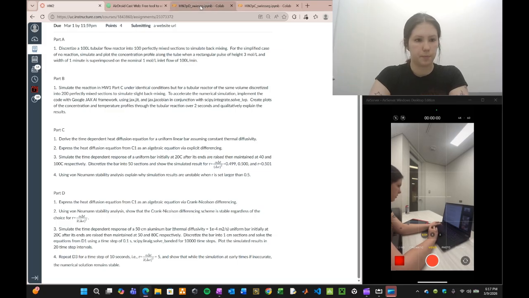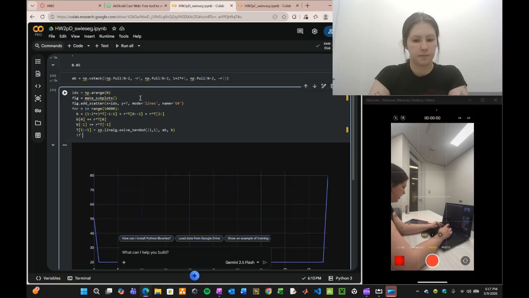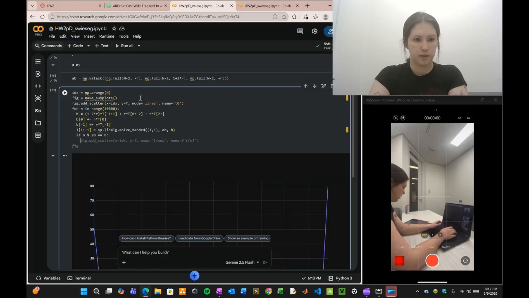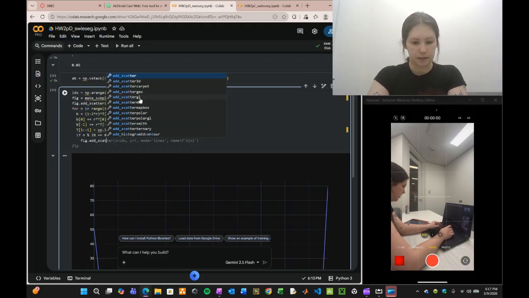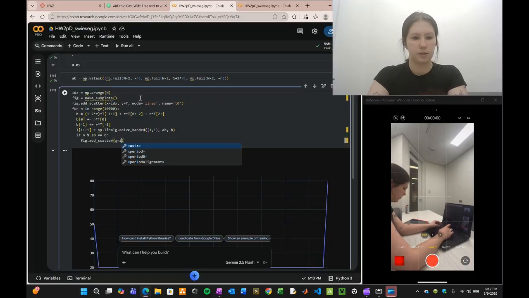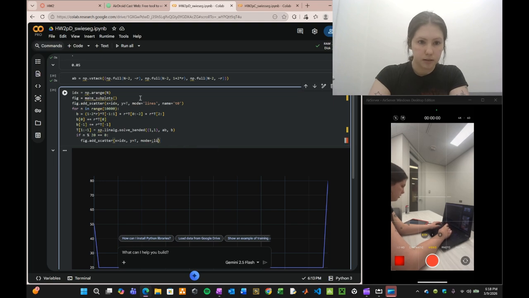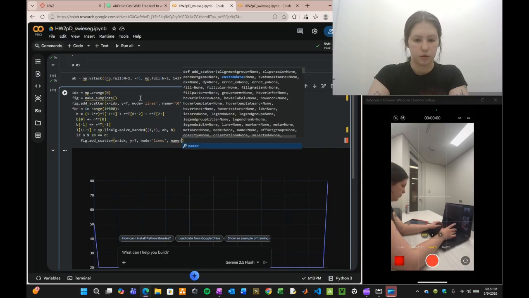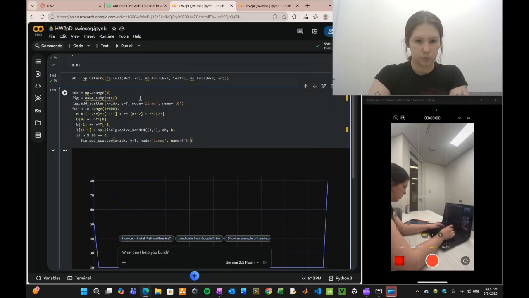So we will do if n remainder 20 equals 0, we will say fig.add_scatter x equals idx, y equals t, mode equals lines, and then our name will be equal to t equals n plus 1.